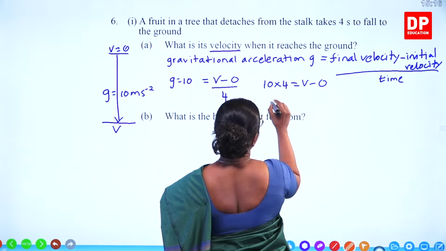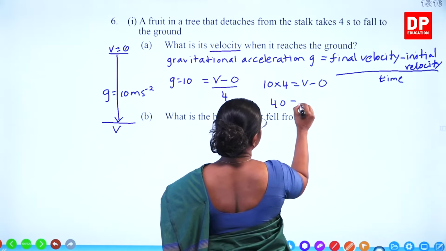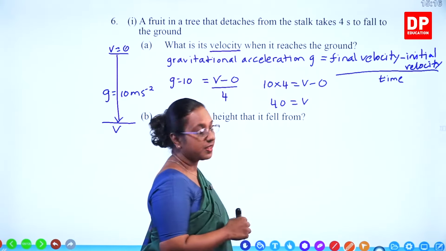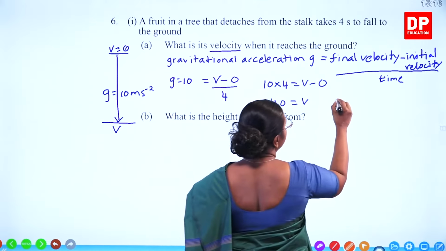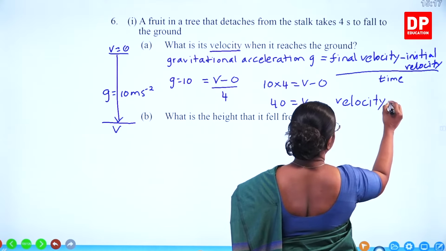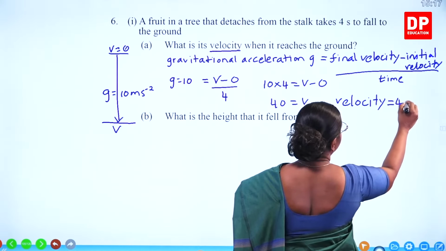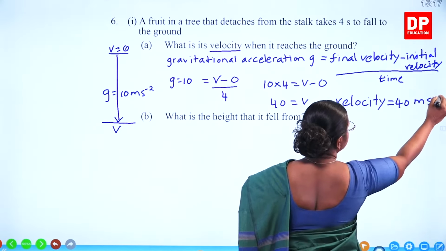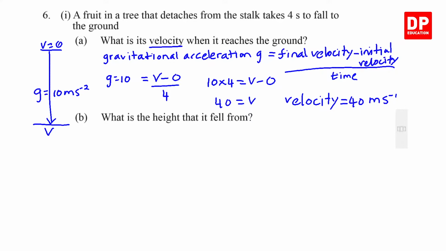So, 10 into 4 is 40, that is equal to V. Therefore, the velocity equals 40 meters per second.